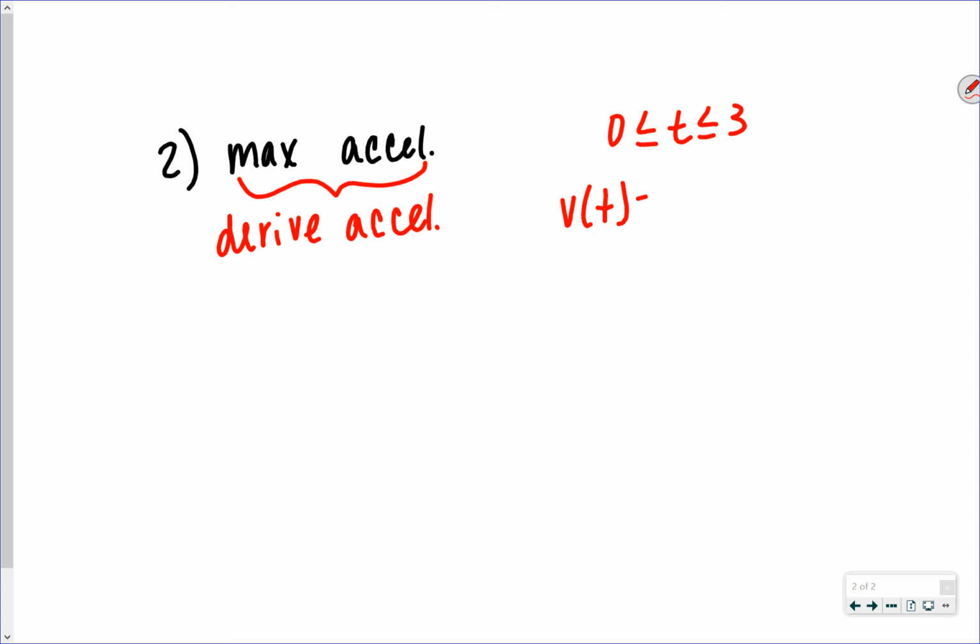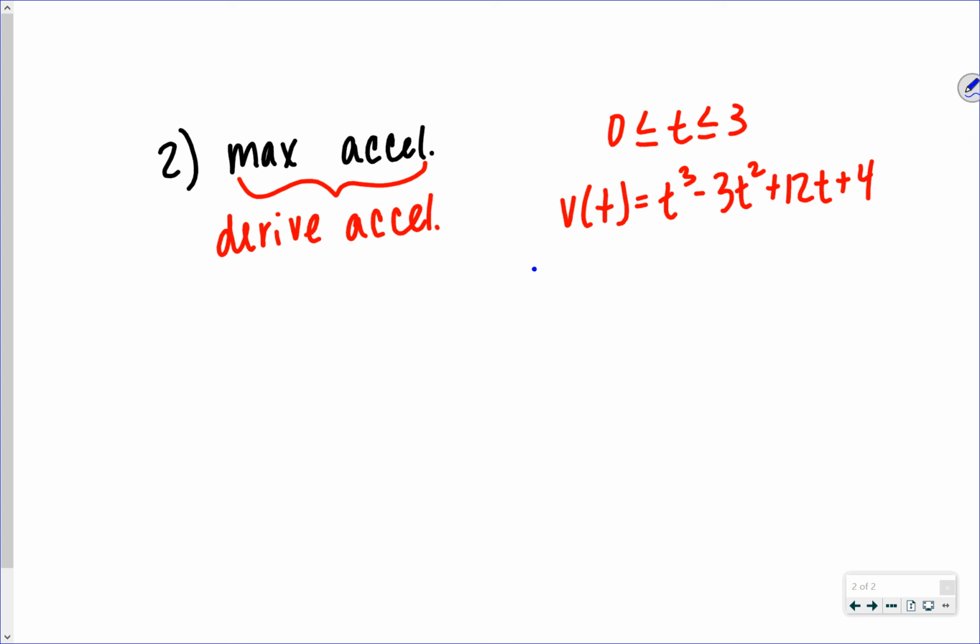My velocity is t cubed minus 3t squared plus 12t plus 4. So I need to derive to get acceleration in order to find out what the maximum could be. Again, I'm looking for the actual maximum of the acceleration, so I'm going to have to plug back into the acceleration eventually. I'm not looking for where or when it happens. I'm looking for the actual maximum acceleration.